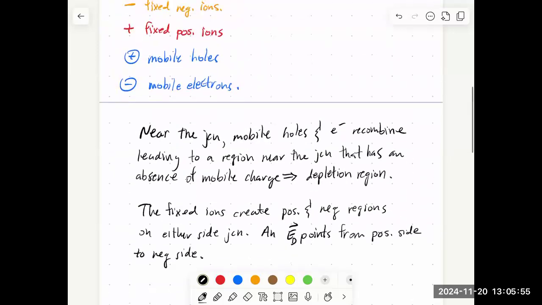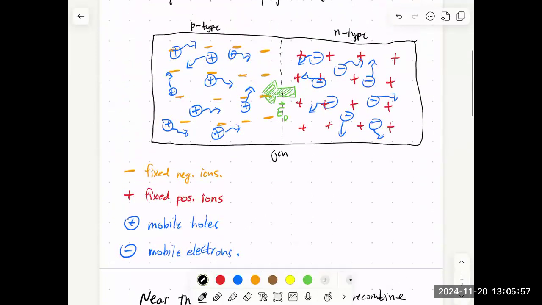So if we go look at this picture again, let's imagine an electron wanders over into this depletion region. It sees this electric field, and it's going to experience a force, right? The force on the charge is Q times E, but this is a negative charge. And so the force is in the opposite direction of the electric field, and it gets pushed back into the N-type region.